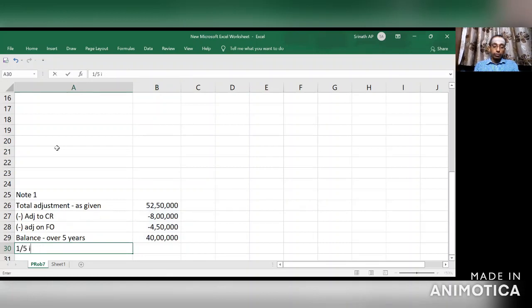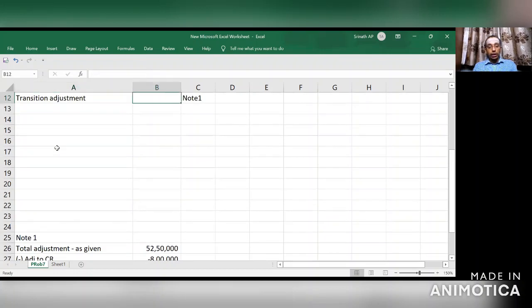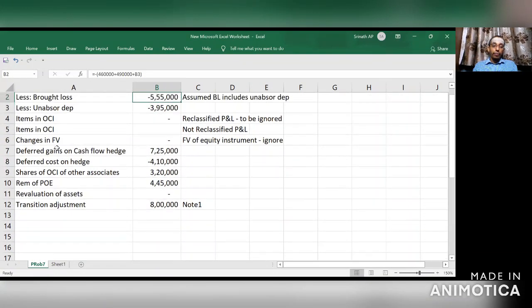One-fifth of 40 lakhs is 8 lakhs. The problem very clearly tells you it is a transition adjustment credit, so if it is credit, you have to add.